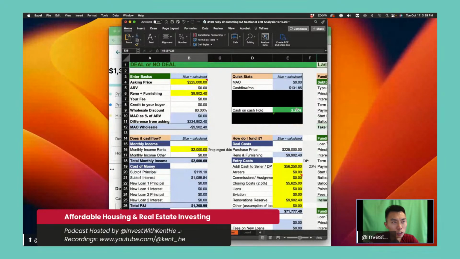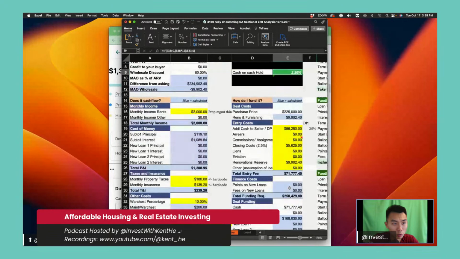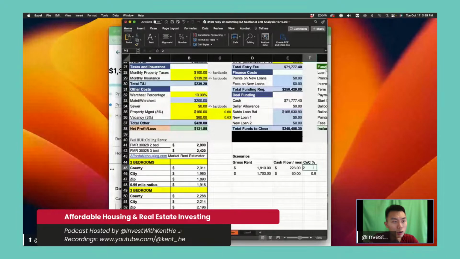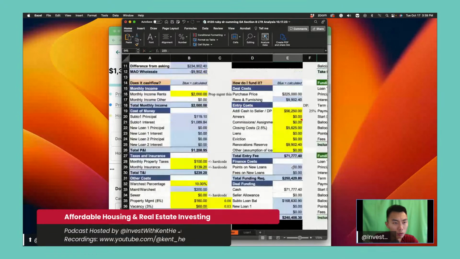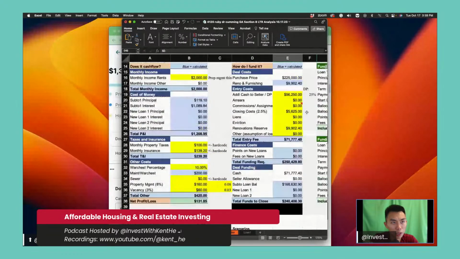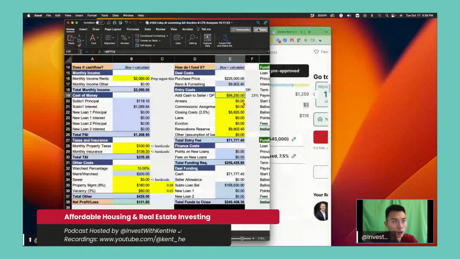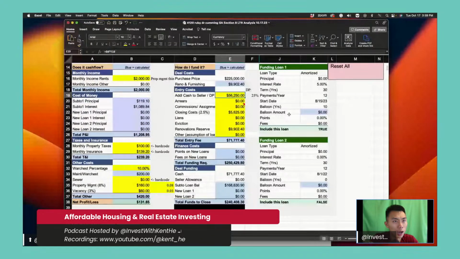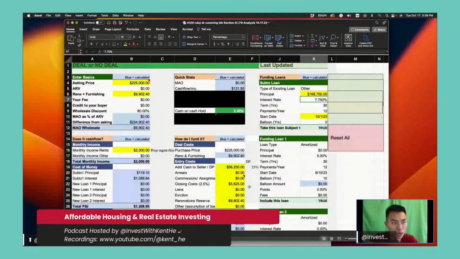This results in a 2.2% cash on cash return. So right then and there, I know that at $2,000 rent, it is not a deal. At $132 cash flow a month, even if I pay 25% down for this property, and assuming 7.75% as the interest rate on a conventional deal, this is clearly not a deal for me.